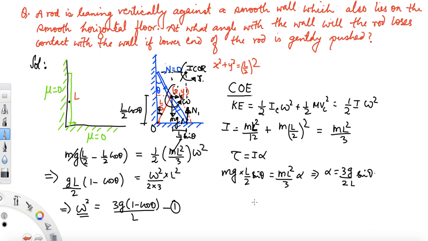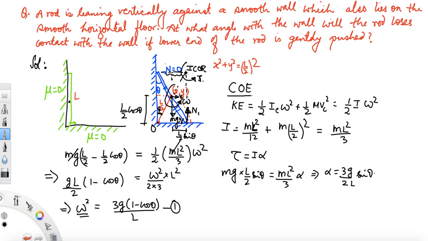Now we have to think of another condition: normal reaction force is equal to 0. Under this condition, what equation can we make? Look at the center of mass. Center of mass is traveling in circular motion, right?